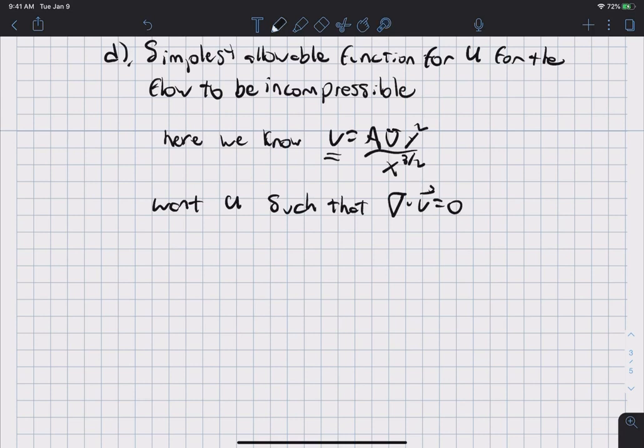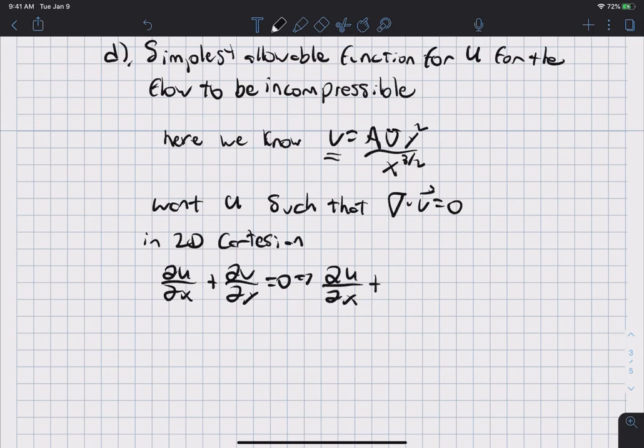Okay, so we know v, and we want to find u such that the flow is incompressible or divergence free. So in 2D Cartesian, we have partial u, partial x, plus partial v, partial y, equal to 0. So we can't do anything with u yet, so that's partial u, partial x, plus partial y, y not x, of v, and that's a u y squared over 4x to the 3/2 power.